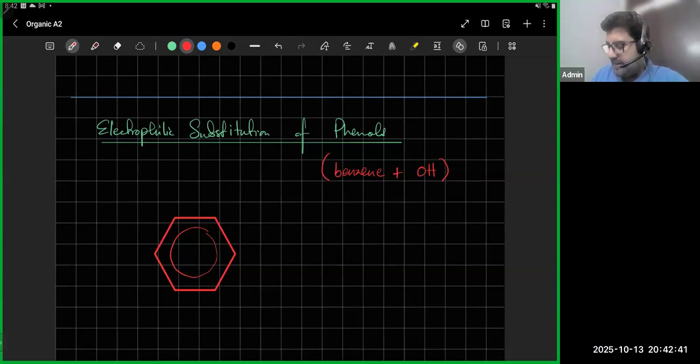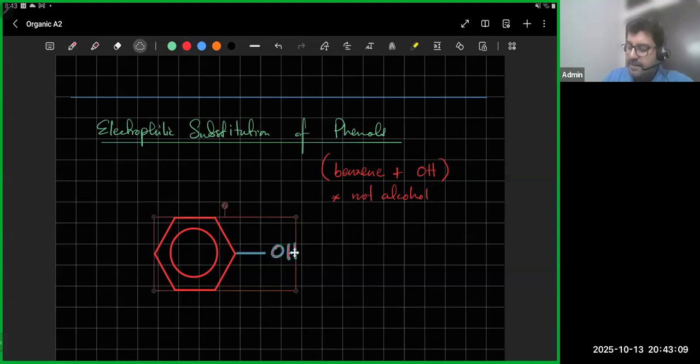So if I have a benzene with OH attached to it, that's a phenol. Remember, not an alcohol. It's a separate functional group basically.